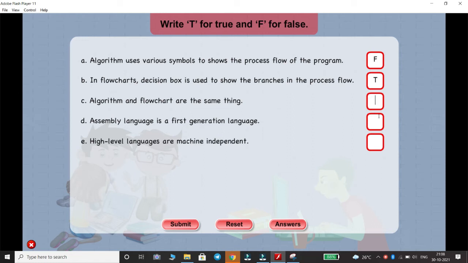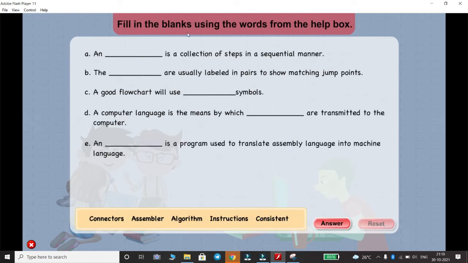Third question. Algorithm and flowchart are the same thing. Answer is false. Fourth question. Assembly language is a first generation language. Answer is true. Fifth question. High level languages are machine independent. Answer is true.